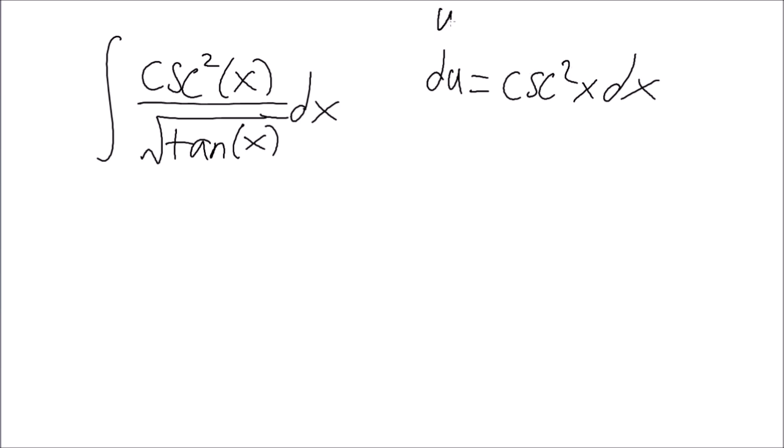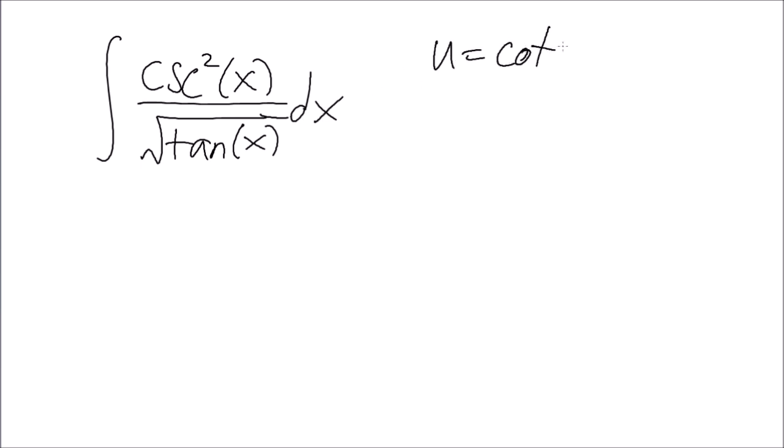Technically this would be negative cotangent x, but we treat negative as a constant. So if you let u equal cotangent of x, then du is equal to negative cosecant square.